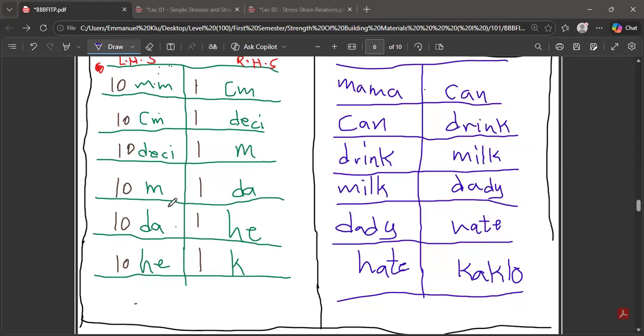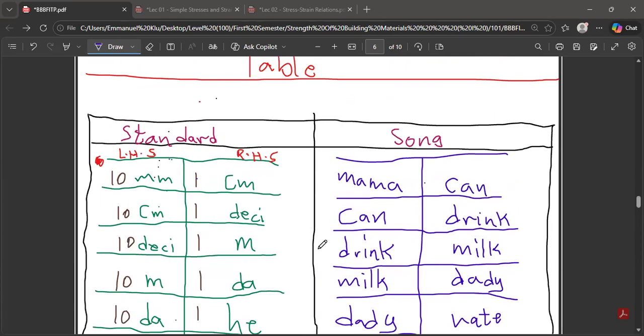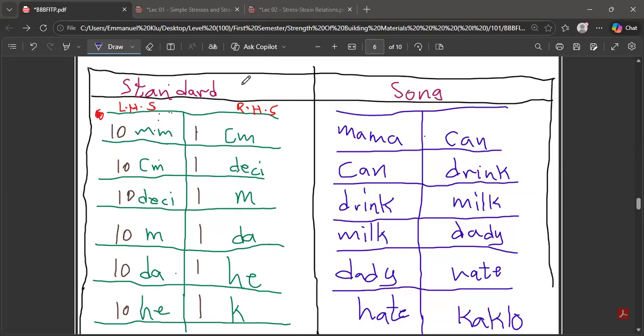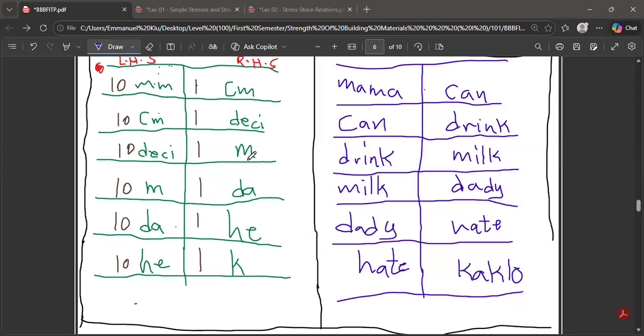So then we have to convert the kilo to centimeters first before that total figure will give us the 10 hectares. No, it's not that. It's 10 times the number of 10, 1, 2, 3, 4, 5, 6. Let me show you something.